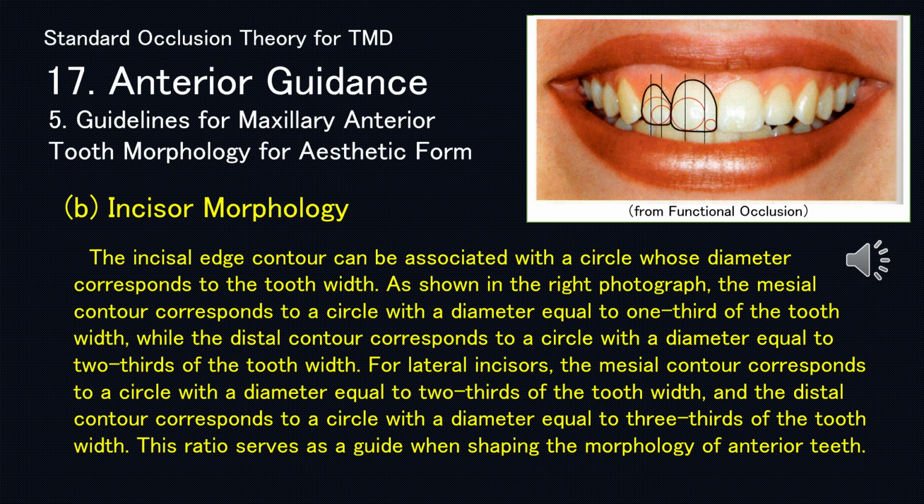For lateral incisors, the mesial contour corresponds to a circle with a diameter equal to 2/3 of the tooth width, and the distal contour corresponds to a circle with a diameter equal to 3/3 of the tooth width. This ratio serves as a guide when shaping the morphology of anterior teeth.